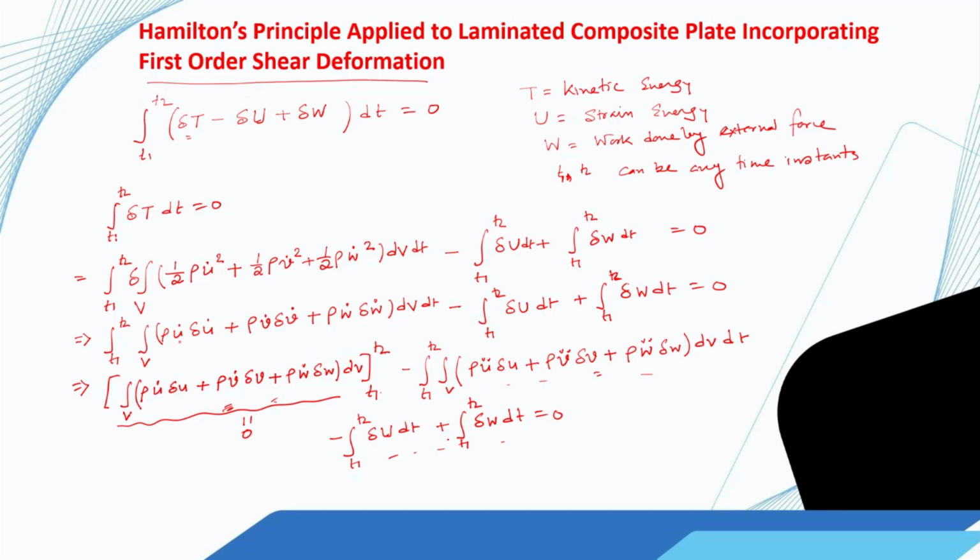And again, if we look at the rest of these quantities, they are integrals from T1 to T2, and the limits of the integration T1 to T2 are arbitrary. That means that the integrand should be 0.